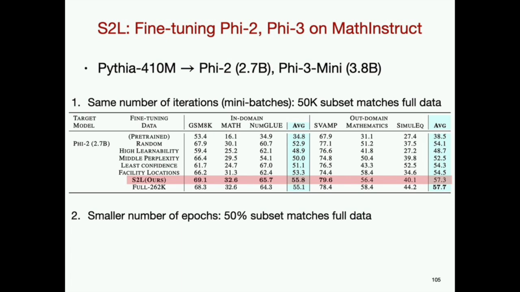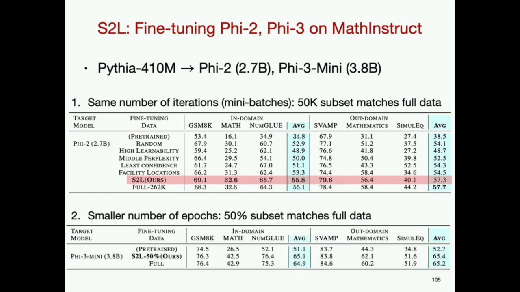And now let's look at training for the same number of epochs, meaning a much smaller number of iterations. For example, with 50% subsets, if fine-tuning is 3 epochs on the full data, I train for 3 epochs on 50%, like half of the time. And this is Phi-3 mini now.